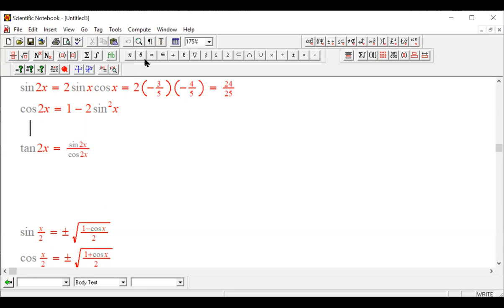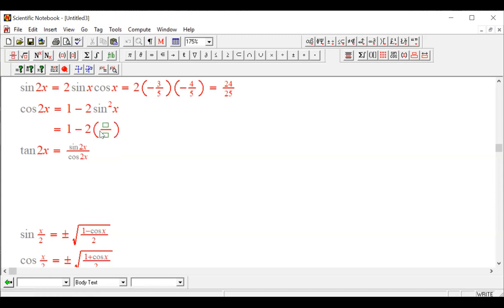Half x, double angle. So here you have 1 minus 2 times parentheses -3/5 squared.